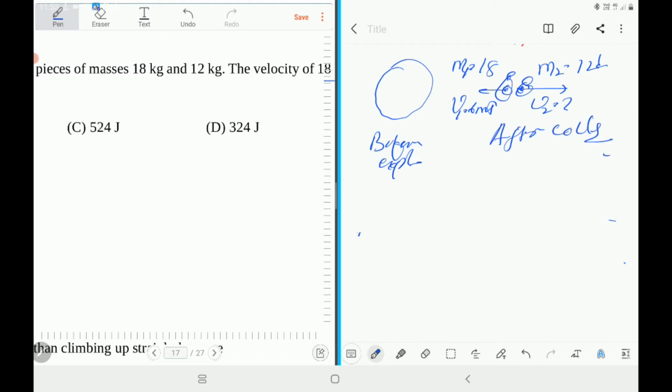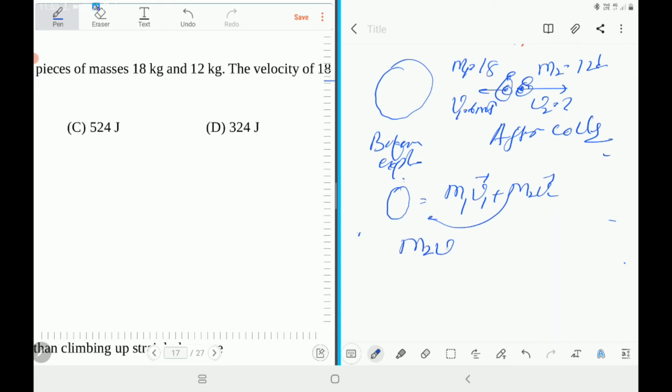What is the law of conservation of momentum? Momentum before collision is 0. They are not moving. That is equal to momentum after collision. Momentum of the first one m1 v1 plus m2 v2. So direction wise, you transfer this to the left side.